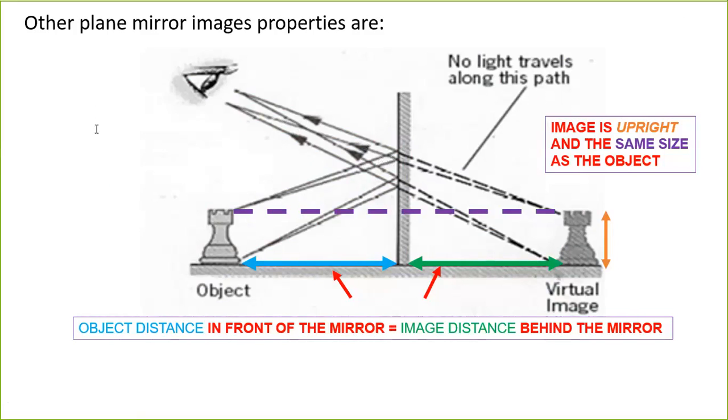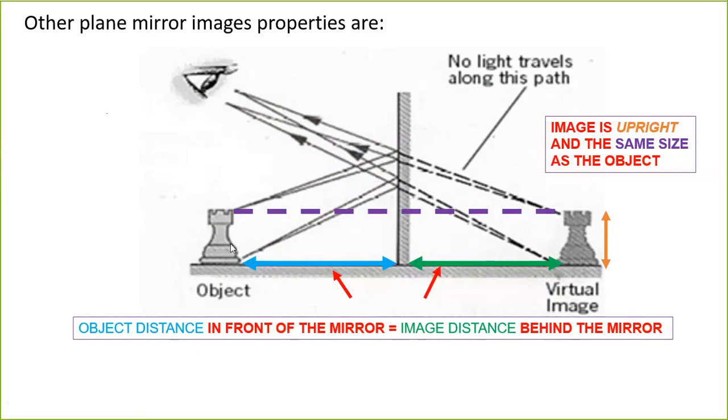So other plane image properties are that the object in front of the mirror is going to be at the same distance as the image is behind the mirror.